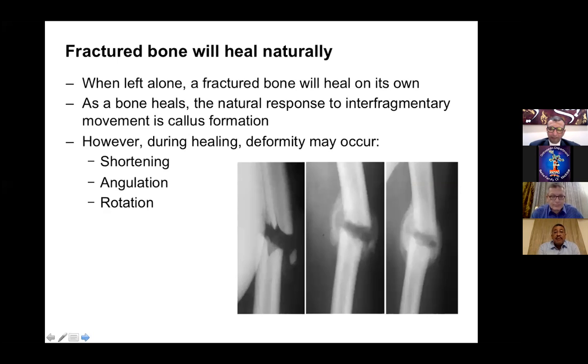Even when left alone, the natural pathway for the bone to heal after fracture is by callus formation. And the natural response to this interfragmentary movement is callus. When left alone, we may get deformity during healing in the form of shortening, angulation, and rotation.